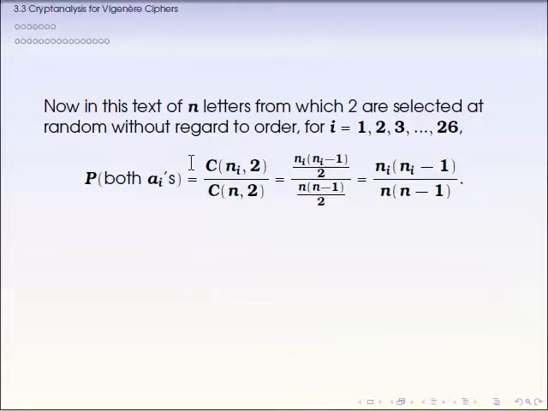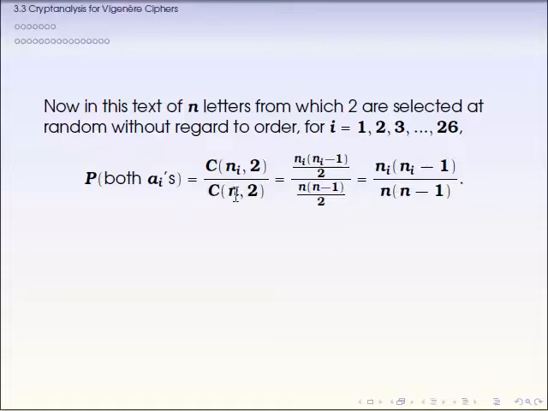Then clearly, the probability of getting two a's if you choose two random characters out of this ciphertext is calculated by: out of n letters we choose two randomly, right?